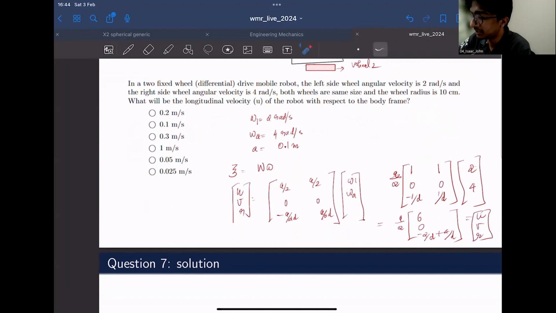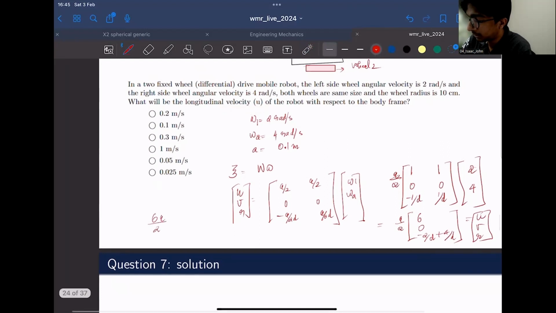And the question specifically says you have to find out the component U. So here the component U would be nothing but 6A by 2. So that will be 6 times what is A? Here A is the wheel radius, that is given as 0.1, divided by 2.